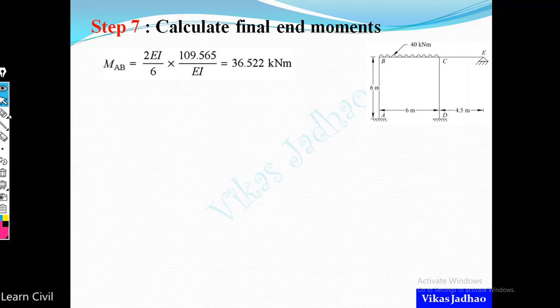Similarly, write down the slope deflection equation for MBA. MBA will be equal to MFBA plus 4EI theta B divided by L plus twice EI theta A divided by L. We know that A is a fixed support, therefore theta A will be 0, and MFBA is again 0 because there is no external load.